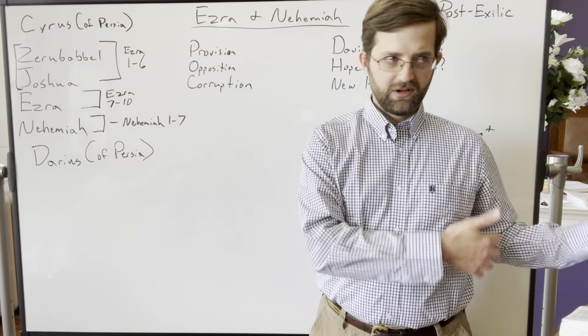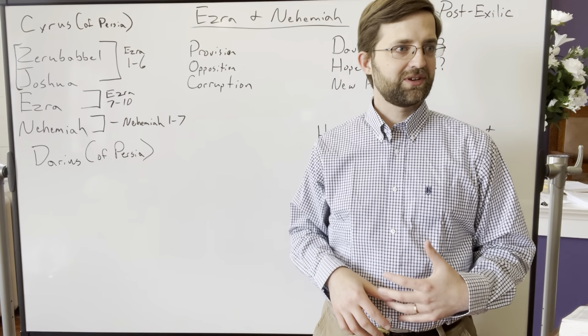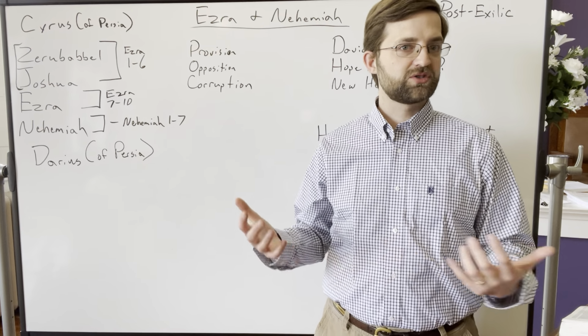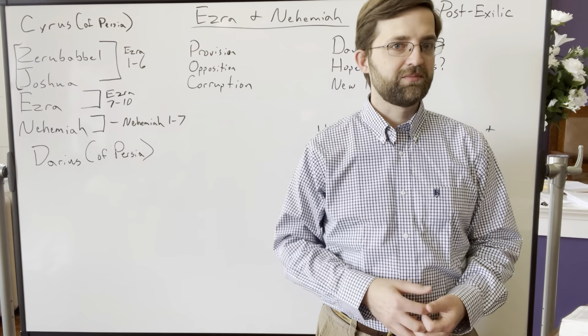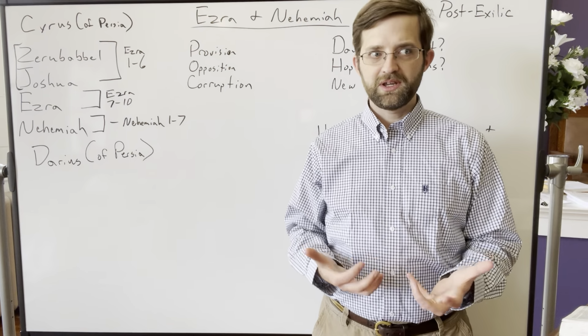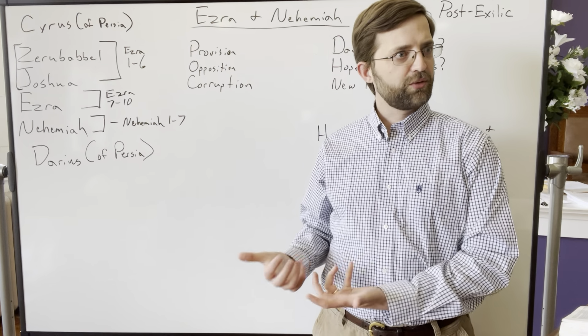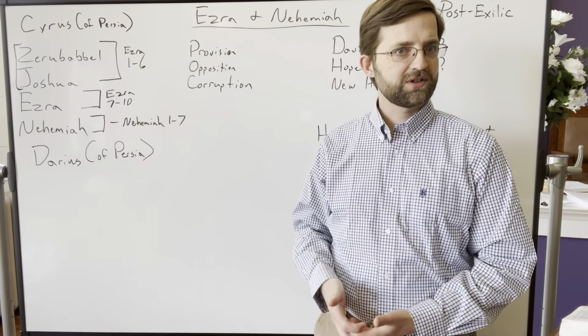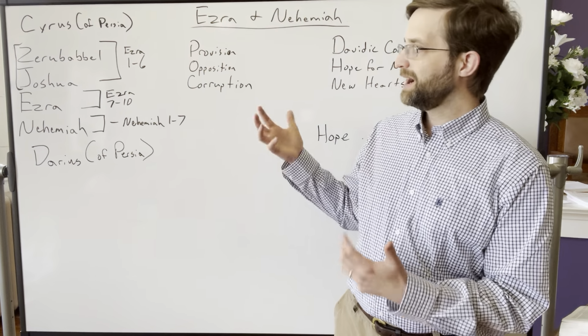And the very first thing we're told is that this is in order to fulfill the words given through the prophet Jeremiah. So we're being told right at the beginning that we're starting to see some of the fulfillment of the words of the prophets, and that this is even why Cyrus is doing this.